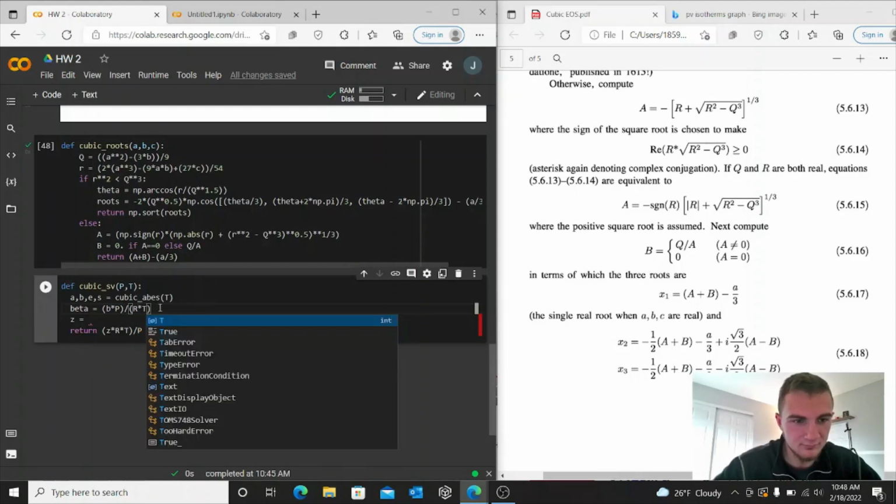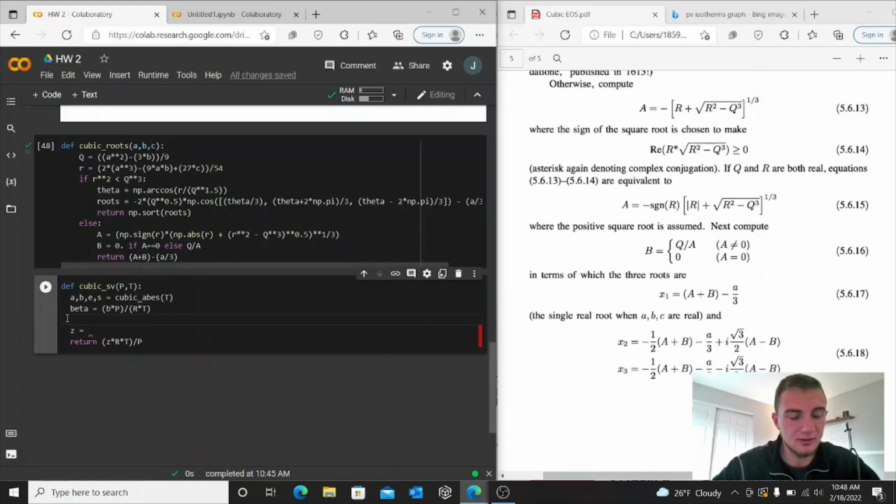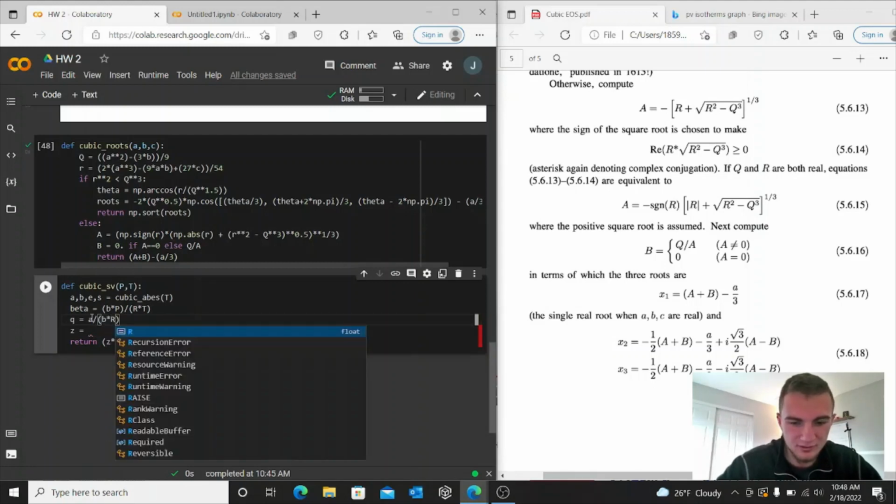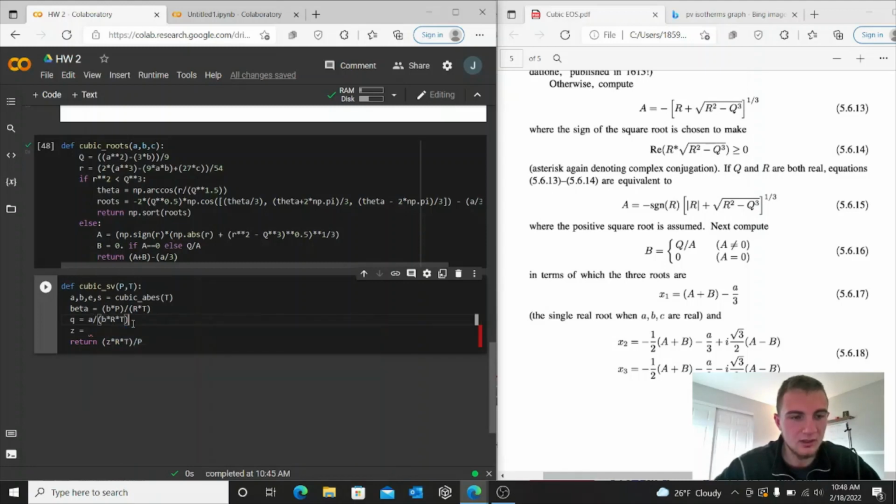And our q value, again, we just substituted this in to make our cubic polynomial easier. Our q value was A divided by B times R times T. Now, in video 2, I wrote out all of the coefficients for our A, B, and C parameters for our cubic polynomial in terms of Z, the compressibility.